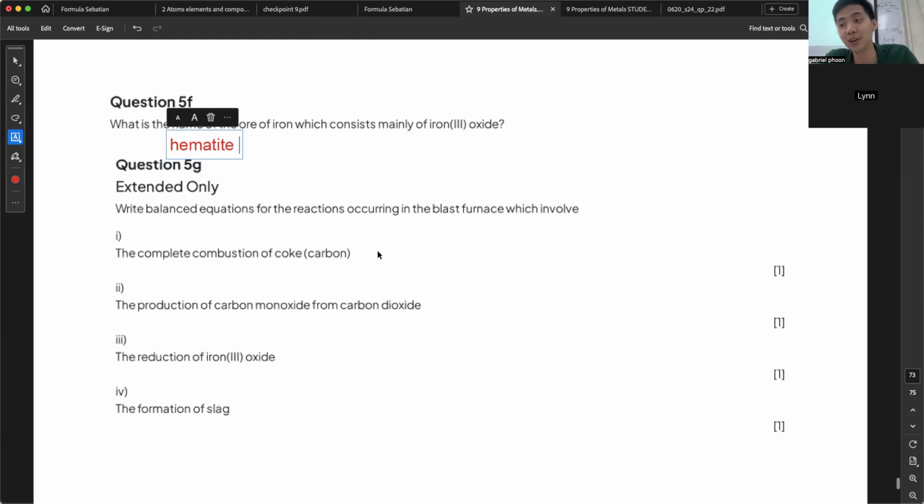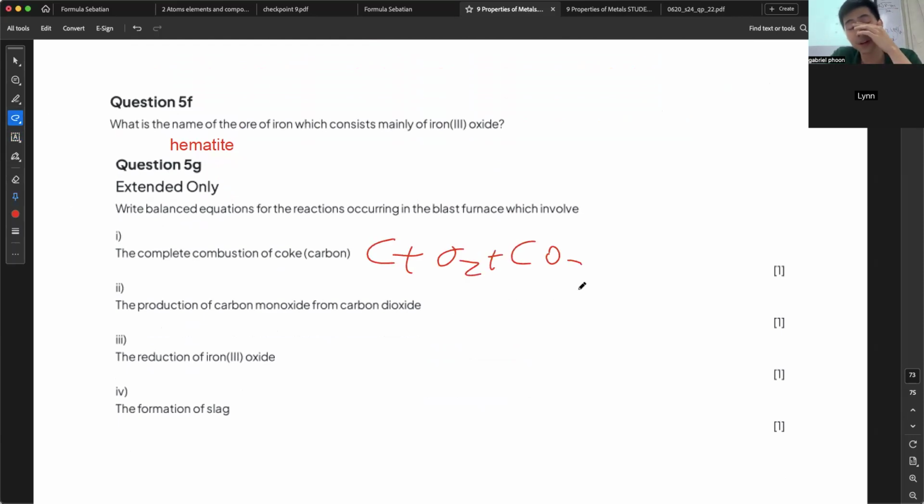The complete combustion of coke would be what? Good. Carbon plus oxygen becomes carbon dioxide. Balanced already. Then, production of carbon monoxide from carbon dioxide: CO2 plus carbon becomes carbon monoxide. Is this balanced? No, you have to put the 2 here.